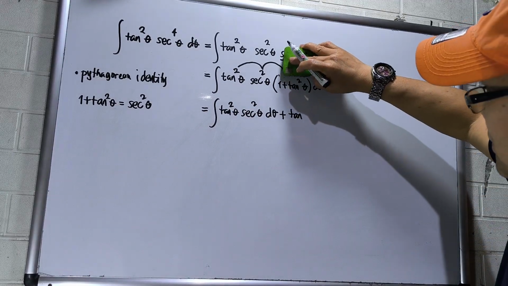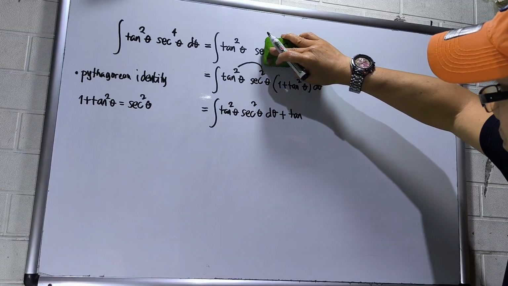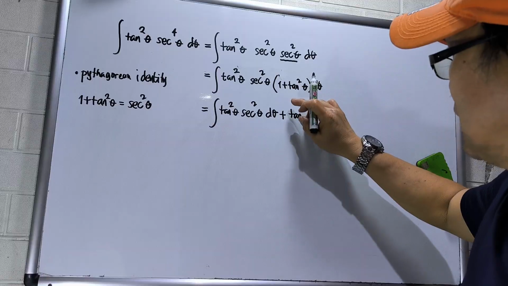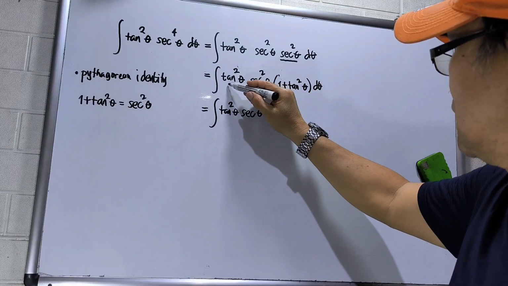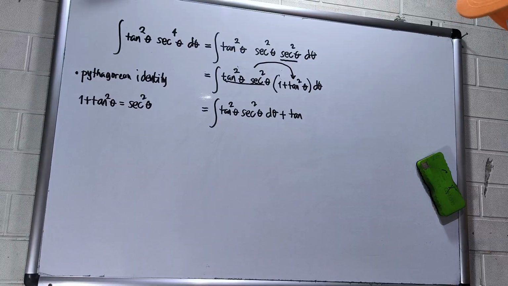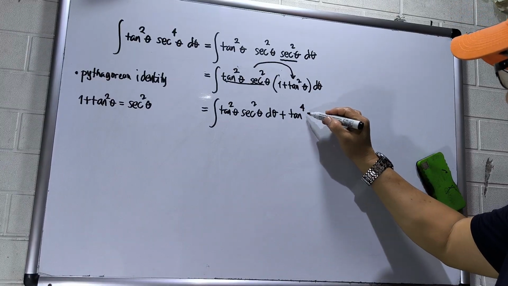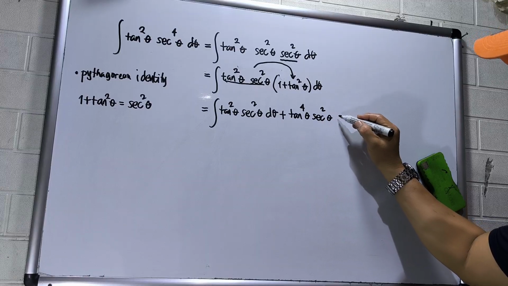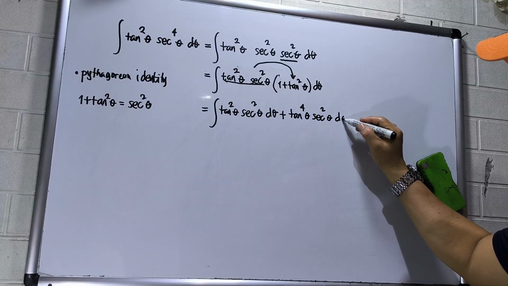So I will erase first so that it will be explained properly. Okay, so I'm done with 1. Then this one, multiply by tangent squared theta, so that will be tangent to the fourth theta, then secant squared theta d theta.